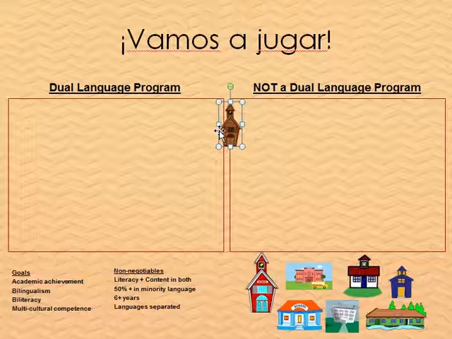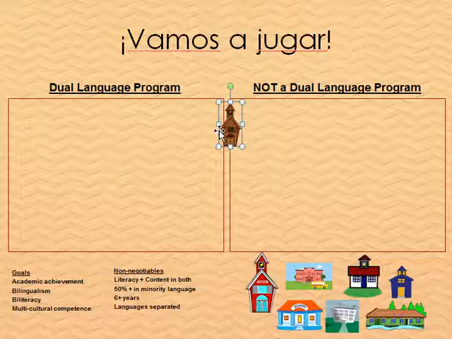Right from the web: This program provides a 50-50 simultaneous biliteracy model in which students receive initial literacy and content area instruction in both program languages in grades kinder through 6th. Instruction is provided by 2 educators, a TESOL endorsed teacher and a bilingual certified teacher. So what do you think? Did that sound like a dual language program to you or not a dual language program?